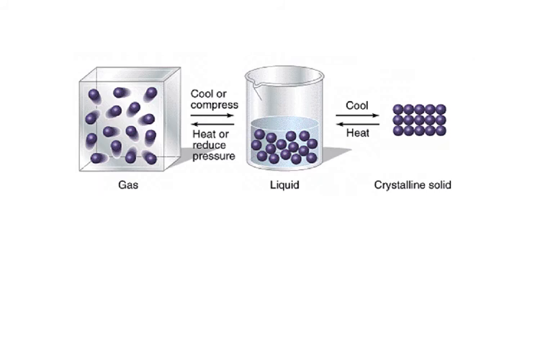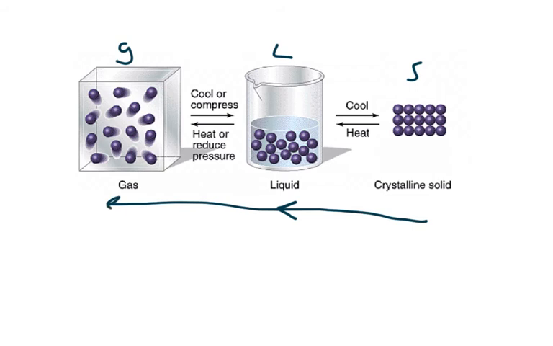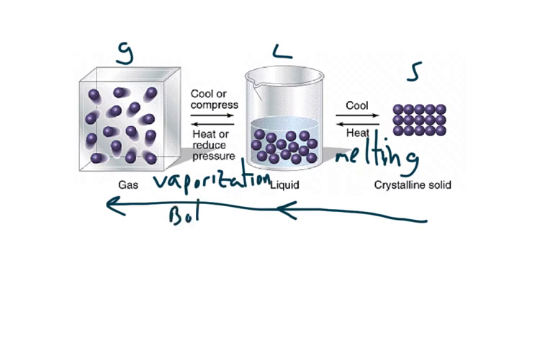Remember that we talked about you got a solid over here, you got your liquid and your gas, and any process, for instance, if you're going from a solid to a liquid, or from a liquid to a gas, if you recall, from a solid to a liquid, we mentioned that that's going to be melting, and from a liquid to a gas, we had a few names for this. The general one is called vaporization.